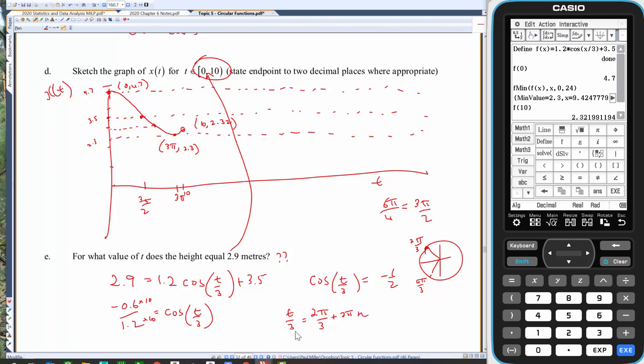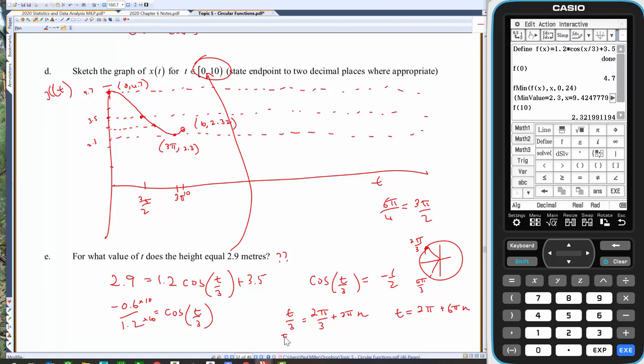Now what we're going to do is multiply this solution by 3 to solve for t. So t equals 2 pi. So multiplying by 3 cancels out that 3. And the period also changes. So we're going to do plus 6 pi n. Okay.